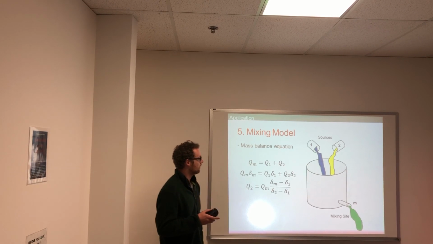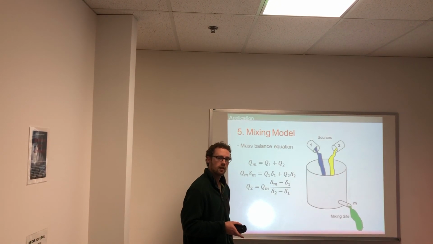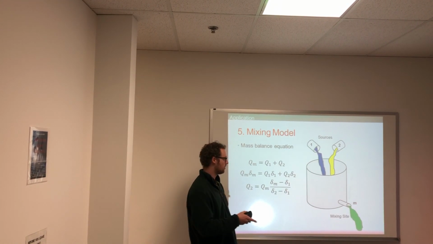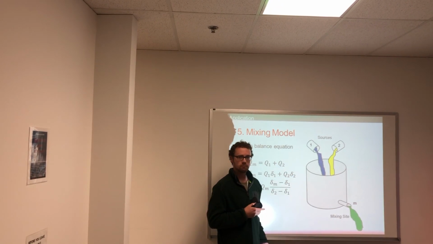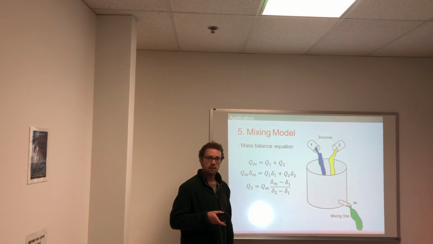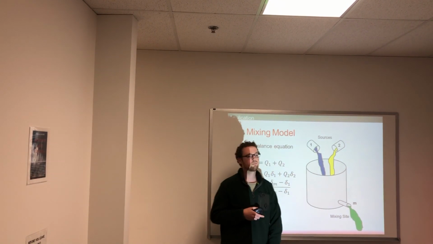The next is that the characteristic of sediment at your mixing site is related to both the quantity and the characteristic of your sources. So in this case, source 1 is blue, source 2 is yellow, and if you remember back to your elementary art classes, you know that blue and yellow mix together to make green.